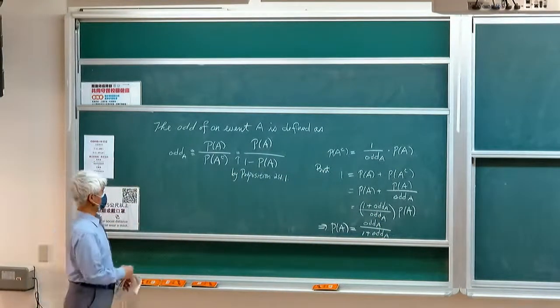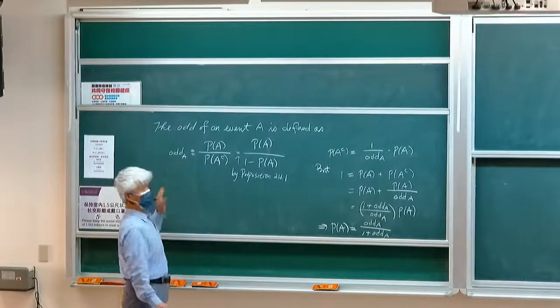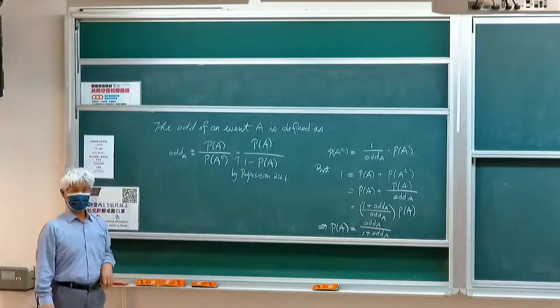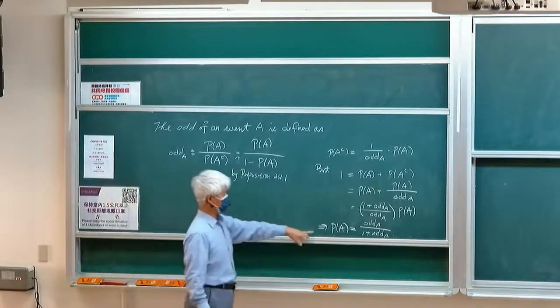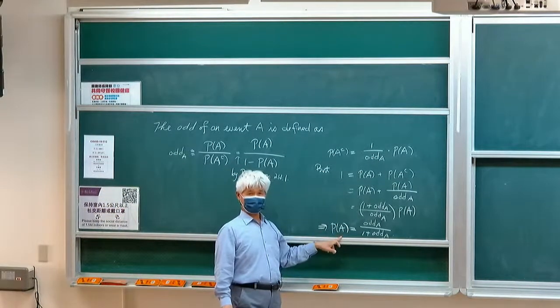Sometimes it is convenient to find the odds of an event A, and from the odds of an event A, we can compute the probability of event A itself.